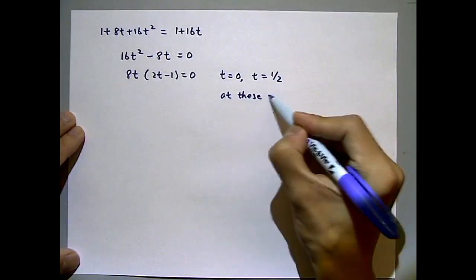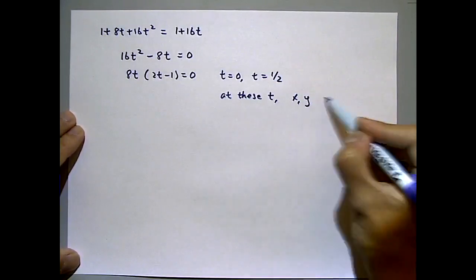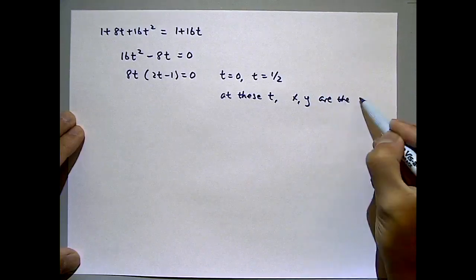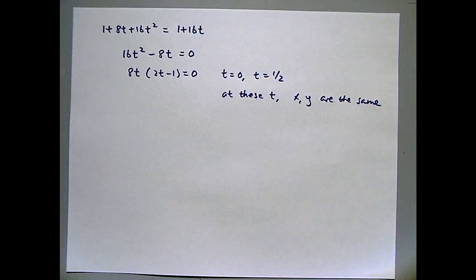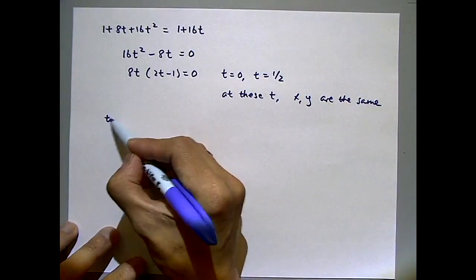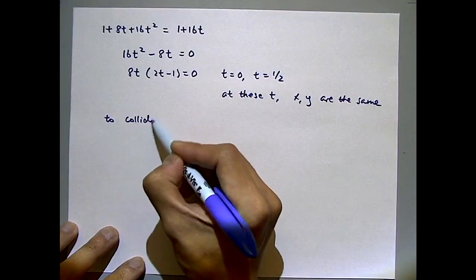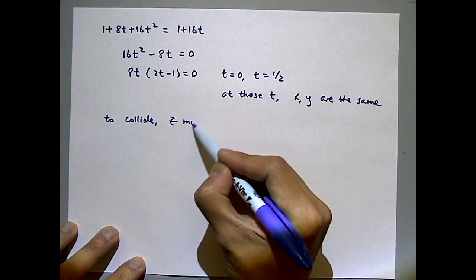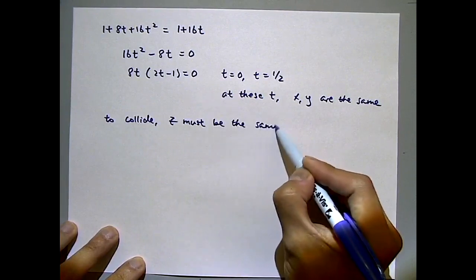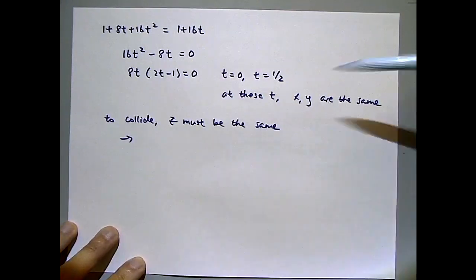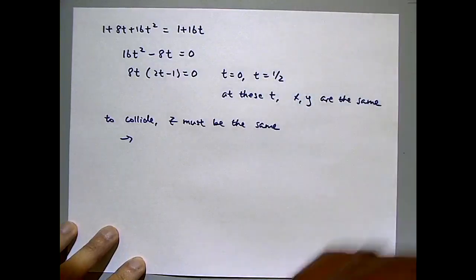At these t, x and y are the same. Now, to guarantee collision, z also has to be the same. So what we do is we test each of these two values in the third equation.